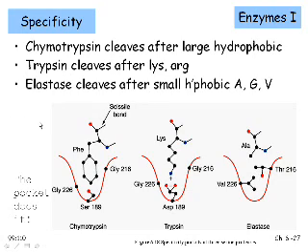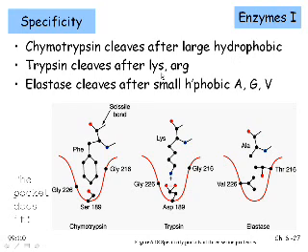And here is a comparison. We just talked about how chymotrypsin and trypsin and elastase have similar tertiary structures. They have the same catalytic triad, and yet they do different things. That's specificity. Chymotrypsin tends to cut proteins after a large hydrophobic amino acid.